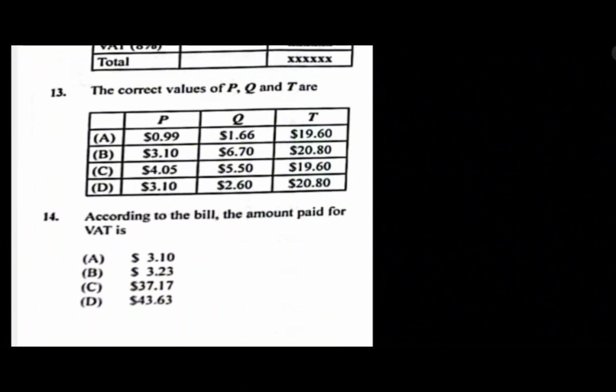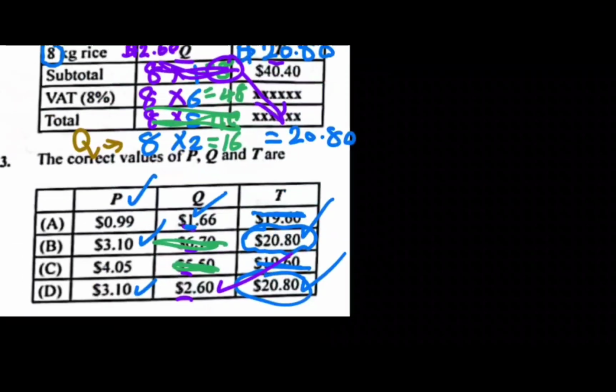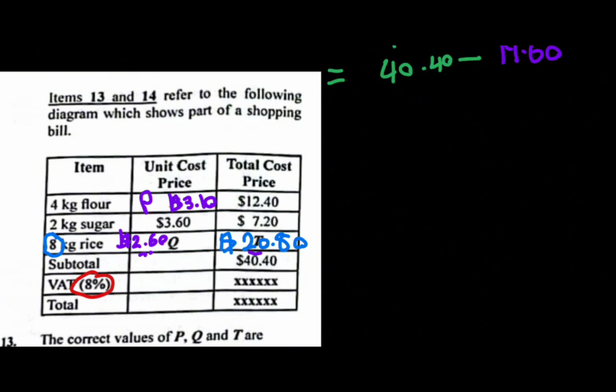Very good question. Item 14. According to the bill, the amount paid for VAT is what? Well, we know VAT is 8%, and that would be 8% of the subtotal.